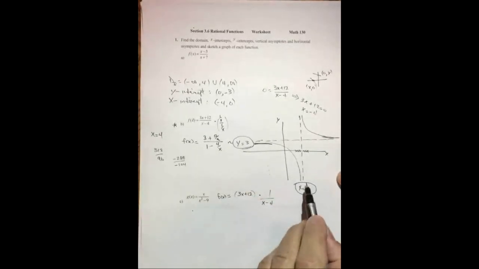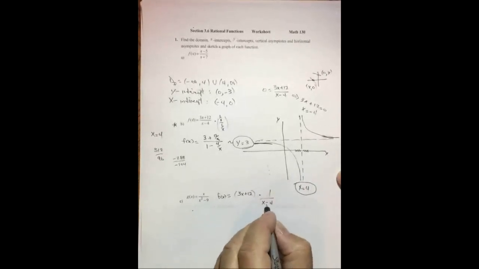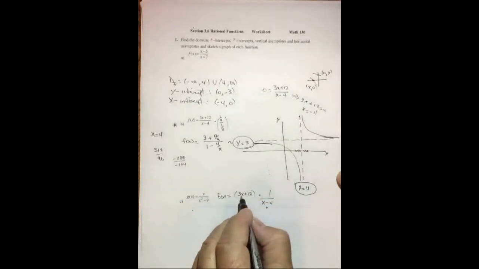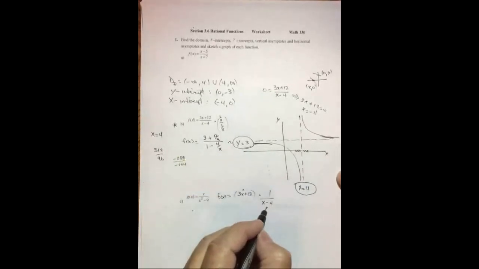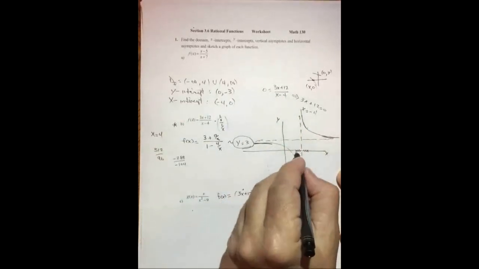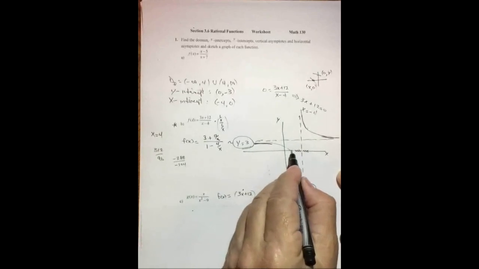So let's look here. If I'm walking through these numbers, now here's 4. These numbers are bigger than 4. Now, what do you get when you take a number bigger than 4 minus 4? Well, you get a positive. And here, a number bigger than 4 plugged in is positive. So this is a positive times a positive, which means these things go like this. It goes to plus infinity. Now let's walk through these numbers.